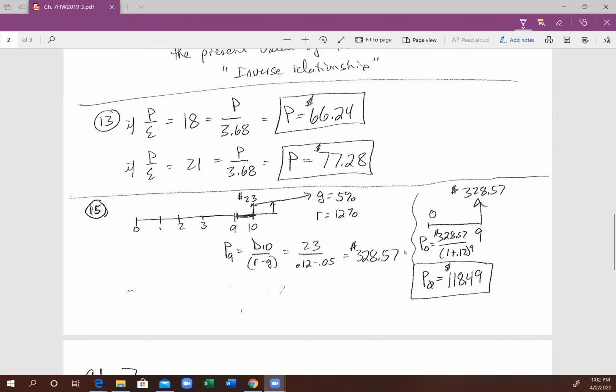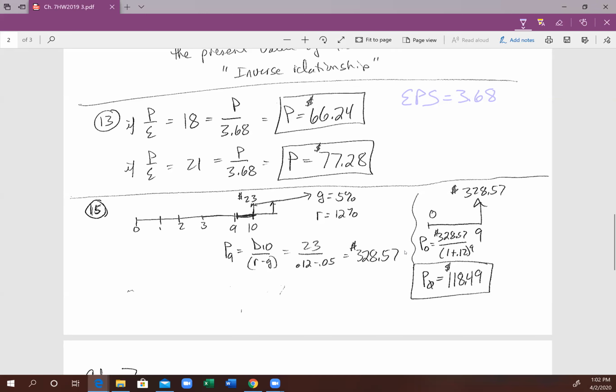number 13 says the Bloomington Flour Company has earnings per share of $3.68. The benchmark PE for the company is 18. Okay.